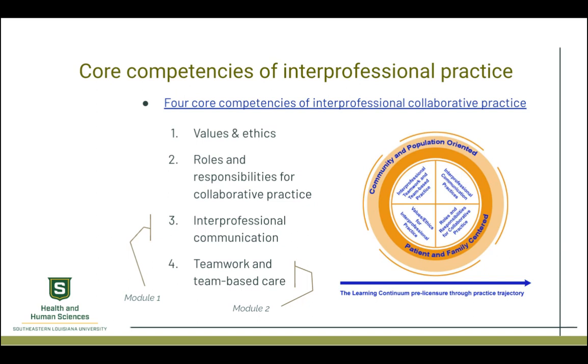For this module, we're going to focus on values and ethics. Roles and responsibilities we are going to touch on along the way of this course. There's not going to be any specific module that focuses on that, but we're going to touch on it throughout the course.